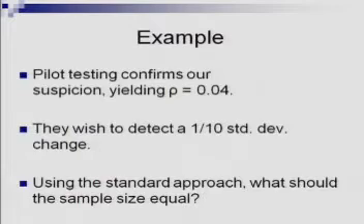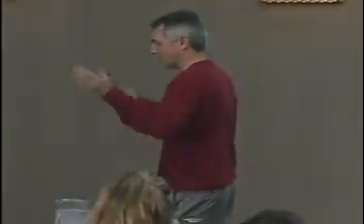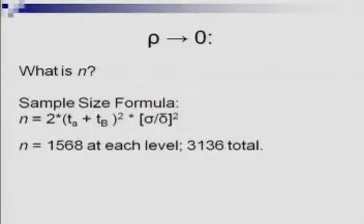What do you think? The part of the equation that I'm leaving out, as Justin would say, I'm understating now, which you'll see why. Let's say they wish to detect a 1/10 standard deviation change, and we want to use a standard approach. Under the old approach, a 1/10 standard deviation would suggest that I need 1,568 at each level.